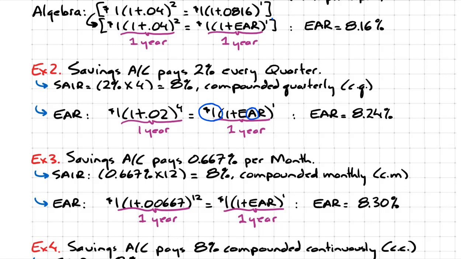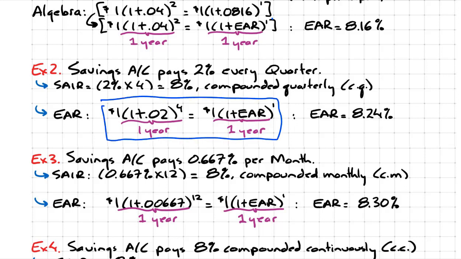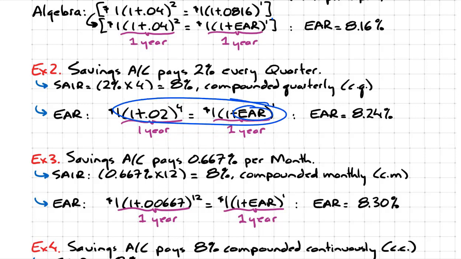And since it's annual, I would only have to compound it once. And this too would tell me what my dollar would be worth at the end of the year. So once the reasoning brings us here, algebra takes over. And what I mean by that is you have one equation with one variable. So you solve for EAR. In this case, it's 8.24%.